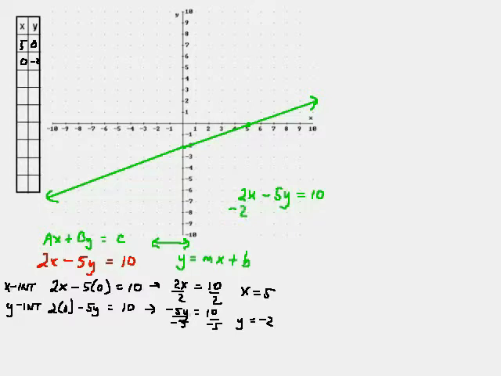So I'm going to take this equation in standard form, and I want to get y by itself, so I'm going to take this 2x and move it by subtracting it from both sides. That will leave me with negative 5y equals negative 2x plus 10. Now, dividing each item by negative 5, we will end up with y equals positive 2/5 x minus 2. Watching our signs there, negative divided by negative is positive 2/5, positive divided by negative is negative 2.